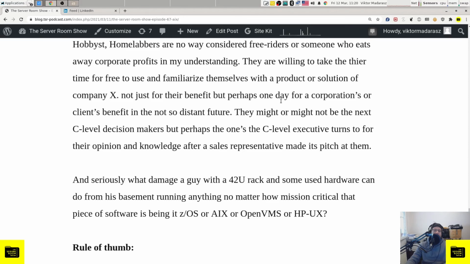They might or might not be the next C-level decision makers, but perhaps the ones the C-level executive turns to for their professional opinion and knowledge after a sales representative made their pitch.